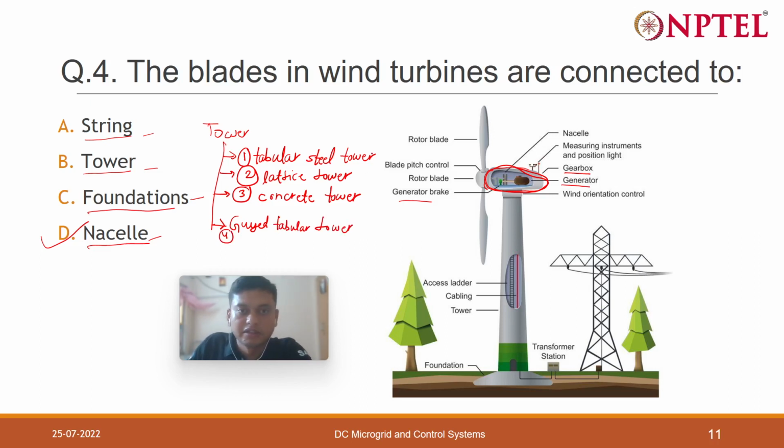These upper three towers are for large wind turbines. And this fourth one is for small wind turbines.